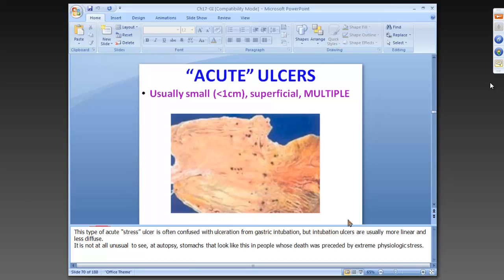That's why it looks so neat and less diffuse. And it's not unusual in autopsies to see stomachs that look like this one in people whose death was preceded by extreme physiologic stress. In other words, the CFO, Chief Financial Officer, that was caught cooking the books for his corporation.